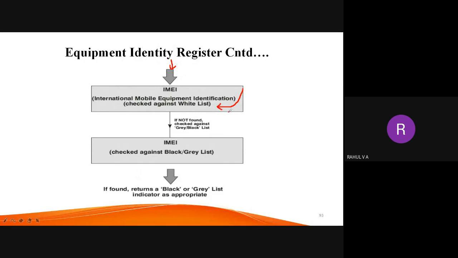If they find this IMEI number in the whitelist, they will approve this device. If not, they will go and search in the blacklist and graylist. If it is found in the blacklist or graylist, they will report it, and they won't provide service to that particular mobile equipment.